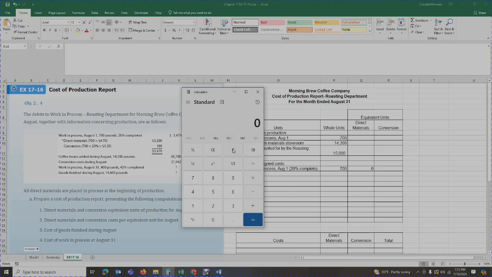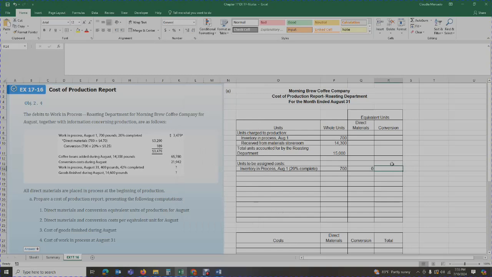So we're going to get the 700 units and multiply by 80% because that is the portion that we're going to complete in the month of August. And that gives me 560.